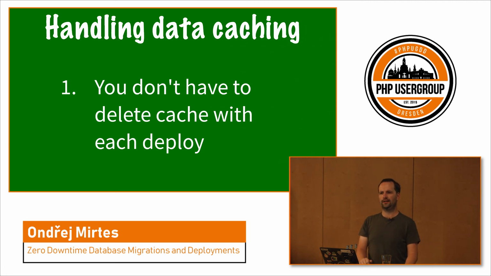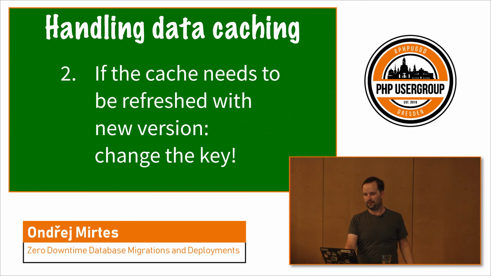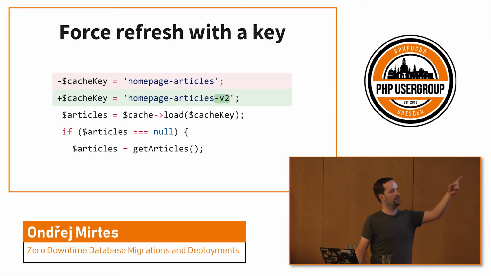Yeah, but I wasn't saying that you should clear the cache manually. I was saying that you don't have to clean the cache with each deploy, and if the cache needs to be refreshed, you should actually express it in the code. So when you change the cache key, you will force the application to reload the data in the cache. Yeah, but somebody can forget to change the key. Yeah, that's a problem. And it will be not just a long period of loading your application for first visitors.